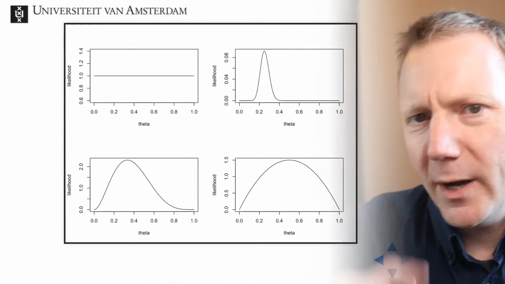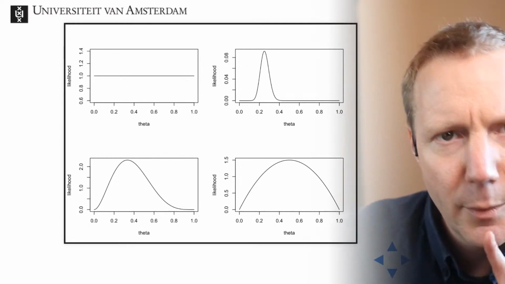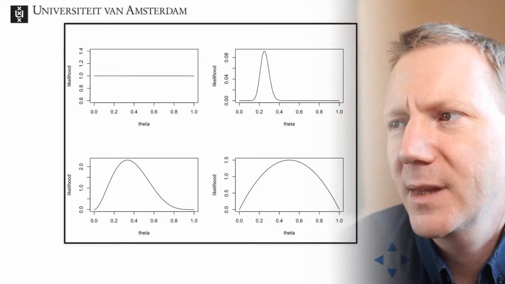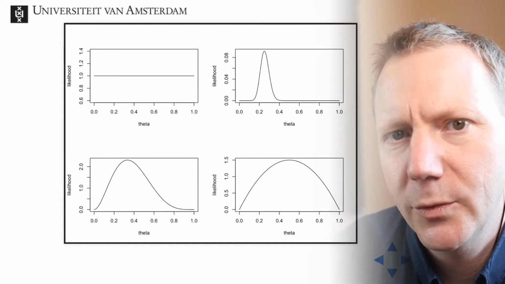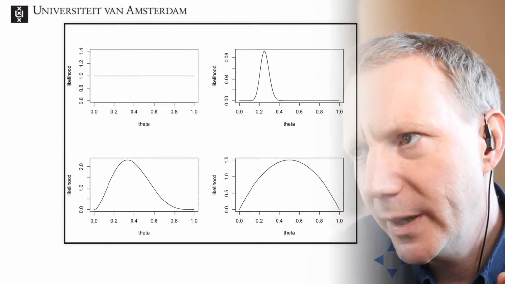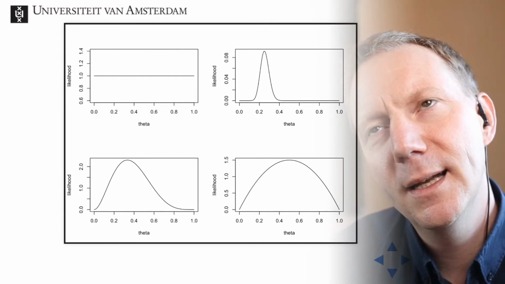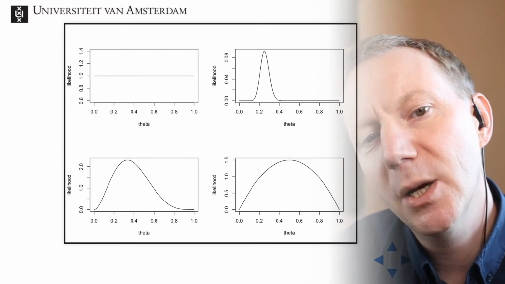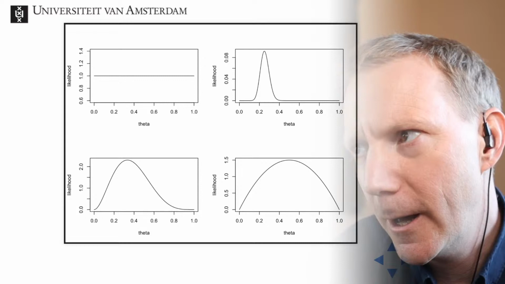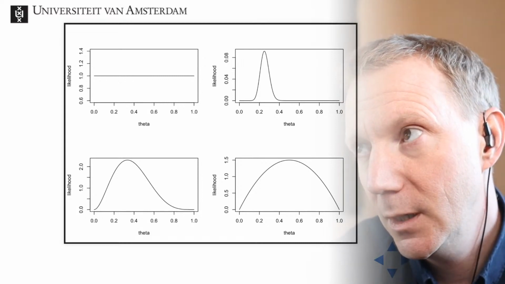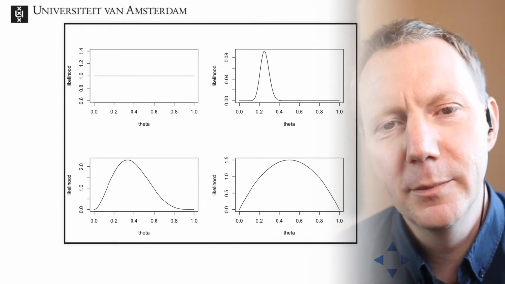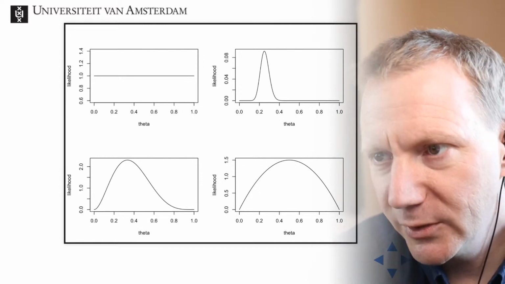And this top right prior, that's something to consider for a moment, is a binomial distribution. It's a binomial distribution with, let's say, some specific degrees of freedom.